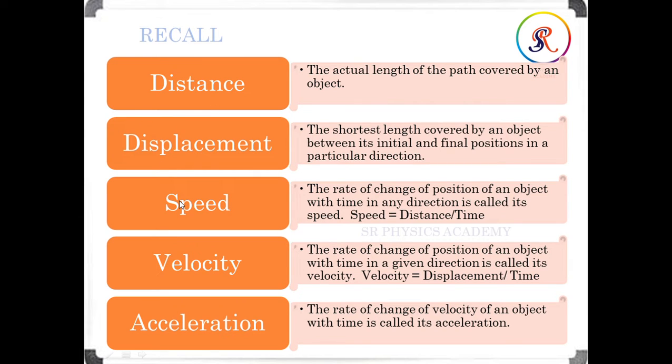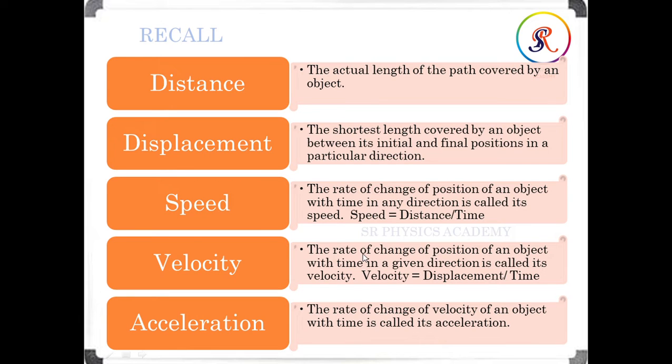Next, speed. What is the difference between speed and velocity? Speed is the distance travelled by a body in a given interval of time. That means the rate of change of position of an object with time in any direction is called its speed. Speed is a scalar quantity. Speed equals distance upon time.